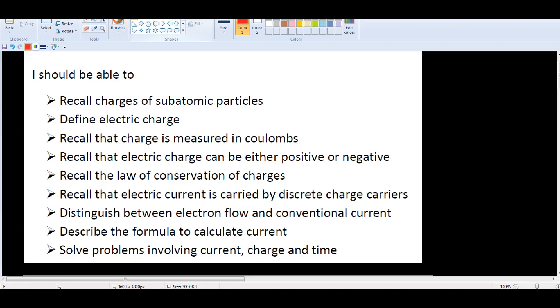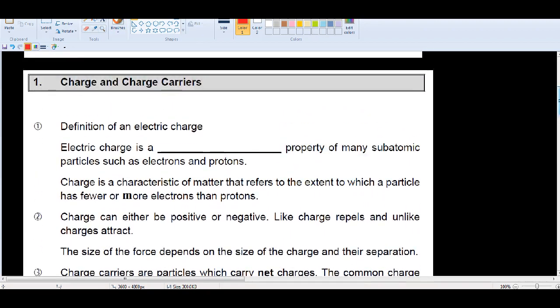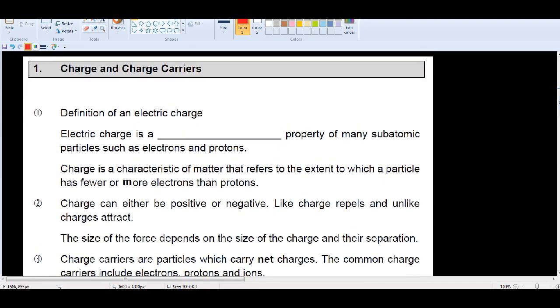Okay, so let's have a look. The first thing is about charge and charge carriers.